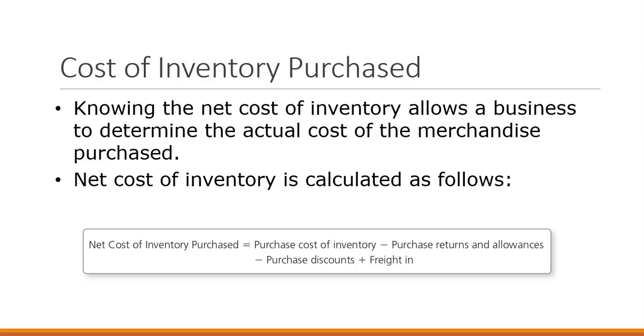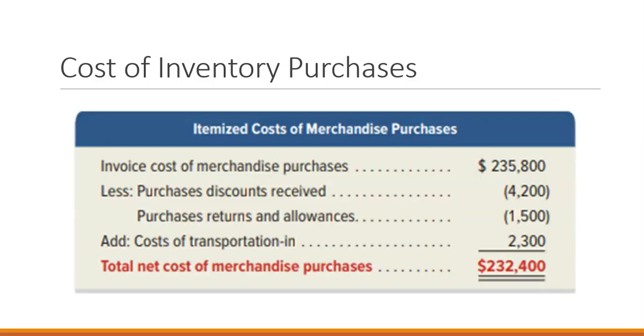One of the things we use the amount of our merchandise cost for is to decide how much we're going to charge for it when we sell it. So we have this example here. We have a cost of merchandise. We got a discount of $4,200.